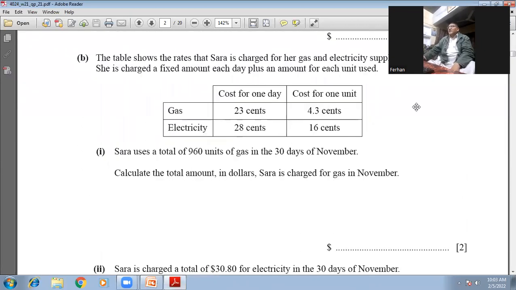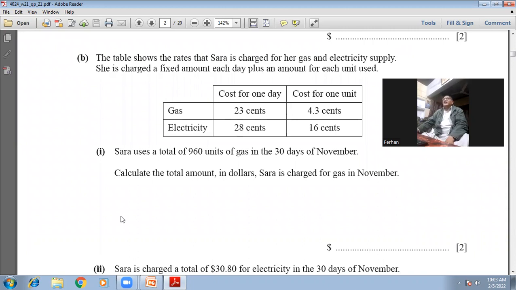The next part coming up on your screen is, he says, the table shows the rates that Sarah is charged for her gas and electricity supply. She is charged a fixed amount each day plus an amount for each unit used. You can see for gas, the cost for 1 day is 23 cents, that's the fixed amount, and the cost for 1 unit is 4.3 cents per unit.